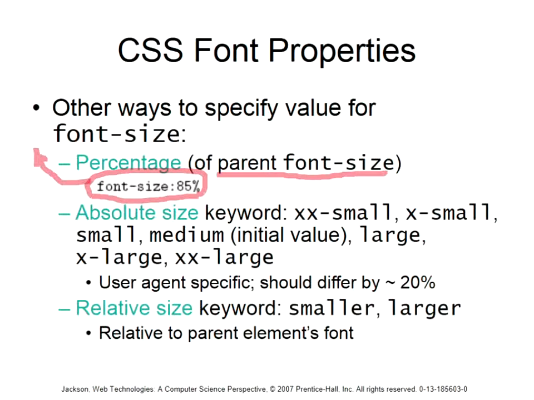So absolute size means we use a keyword like xx-small, x-small, medium, large, x-large, etc. So if we go higher, the font will be larger than the parent font size. Relative size, we can write smaller, larger, and in this case the size will be relative to the parent element's font.